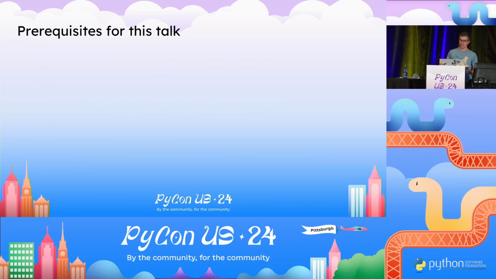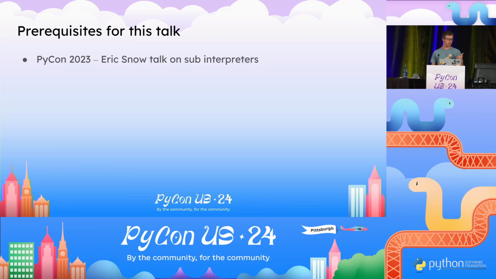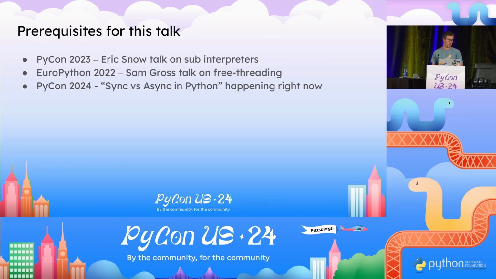There's some prerequisites for this talk. If you don't meet all the prerequisites, you need to leave immediately. So PyCon 2023, Eric Snow gave a talk on subinterpreters. Sam Gross gave a great talk on free threading in EuroPython 2022. There's also another talk happening right now, which you need to have watched. This is a talk on parallelism, so it would be amiss if I didn't make a parallelism joke.